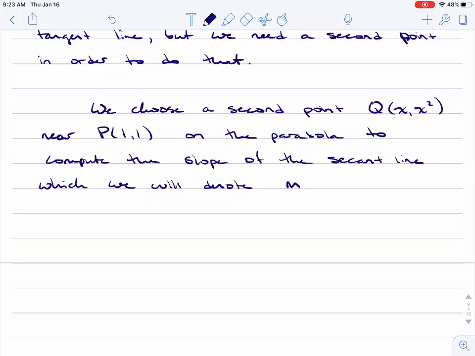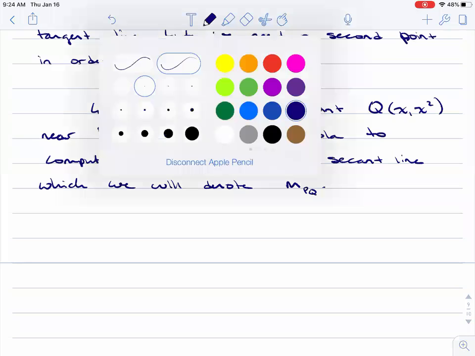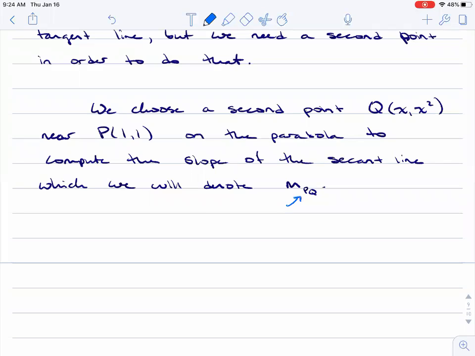And so m subscript PQ is the slope of the line connecting P and Q.